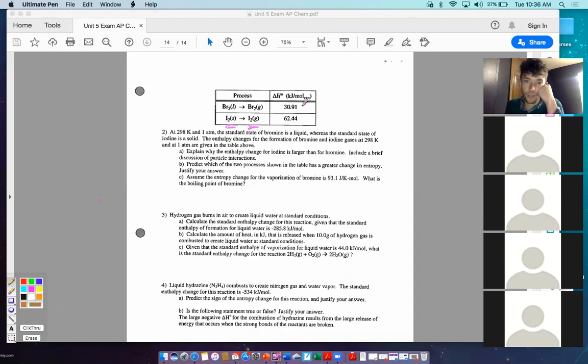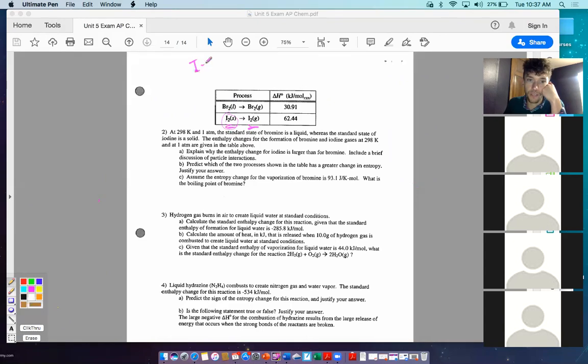So of course that's going to require more energy just to break apart those intermolecular forces. In other words, the intermolecular forces for iodine are much more effective, much more efficient. They're stronger because they're holding together the iodine I2 particles as a solid.